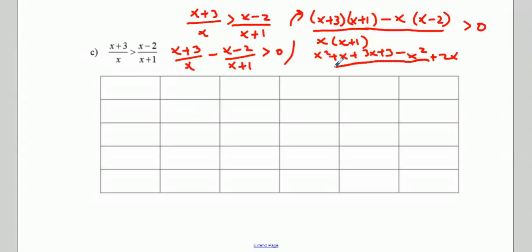Oh, it's supposed to be a straight line. x times x plus 1 is greater than 0. All right, on the top we have x squared plus 4x.